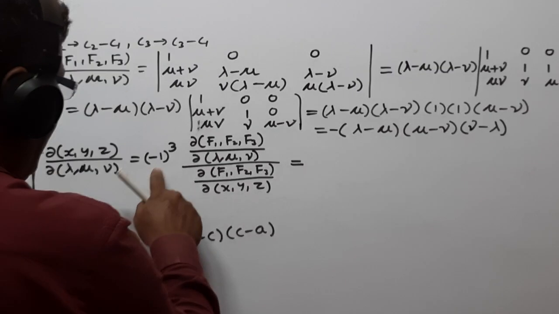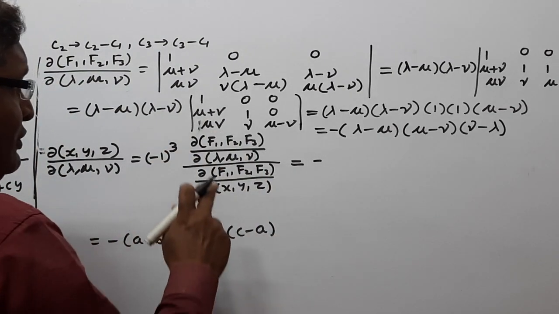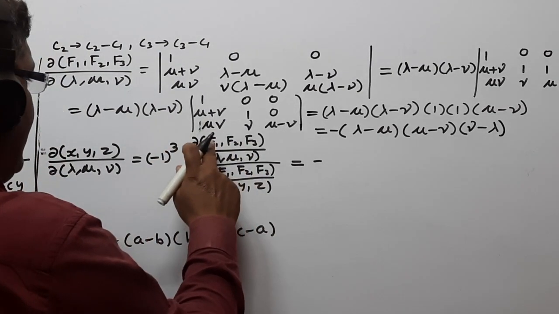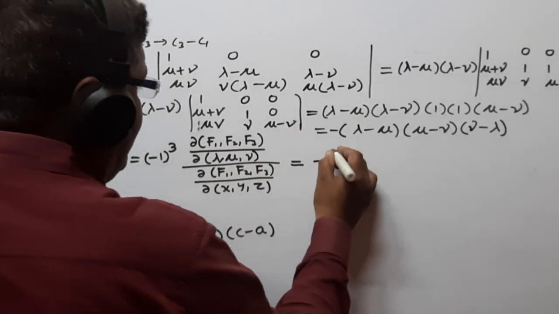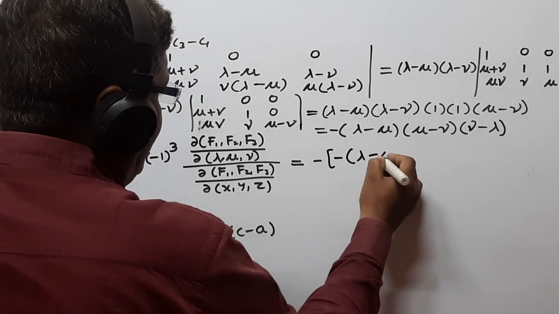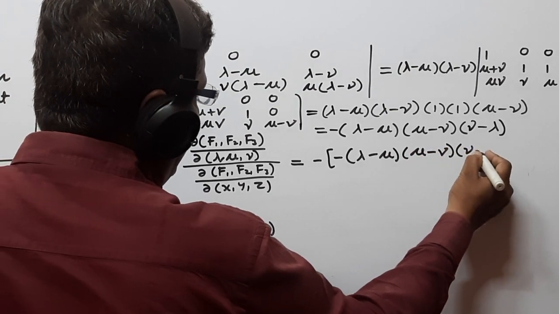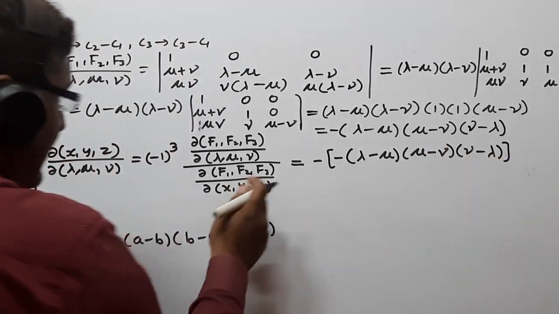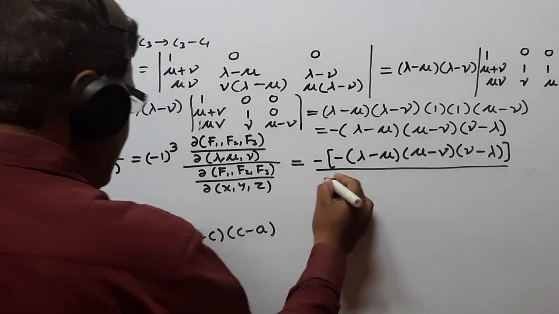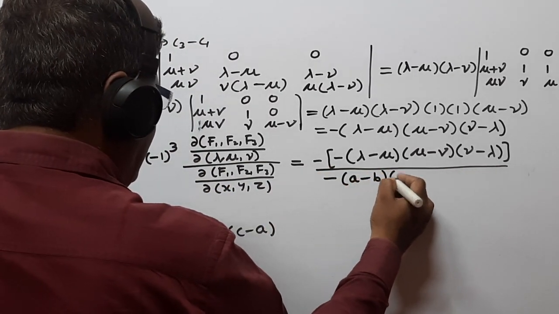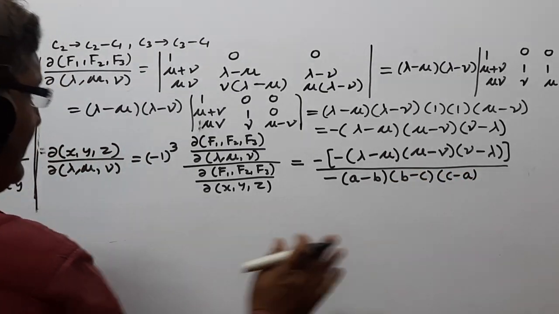Here minus 1 whole cube, this is minus 1, and here you know that the Jacobian of f1, f2, f3 with respect to lambda, mu, nu is minus times (lambda minus mu)(mu minus nu)(nu minus lambda), and the Jacobian of f1, f2, f3 with respect to x, y, z can be written as minus times (a minus b)(b minus c)(c minus a).